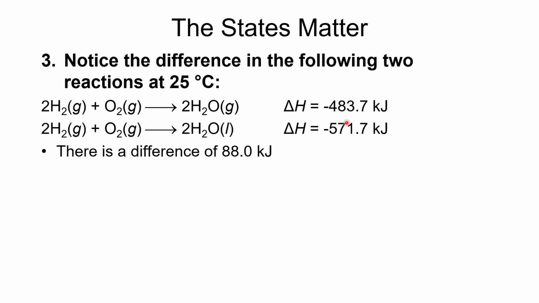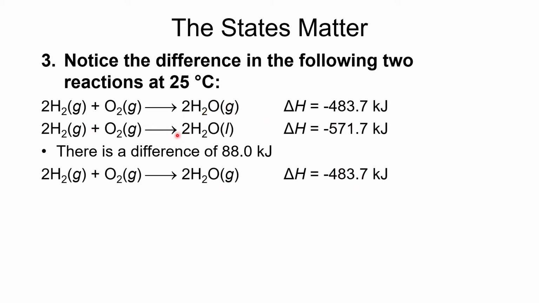Now, there's something I'm going to do here, which is actually talking about a concept that we're going to be using here in a little bit called Hess's law, which is that we can take equations, add them together, cancel out the things that are the same, and it will give us the delta H for a new reaction. We'll practice that here in a bit, but let's just take that first reaction as it is and leave it as it is.